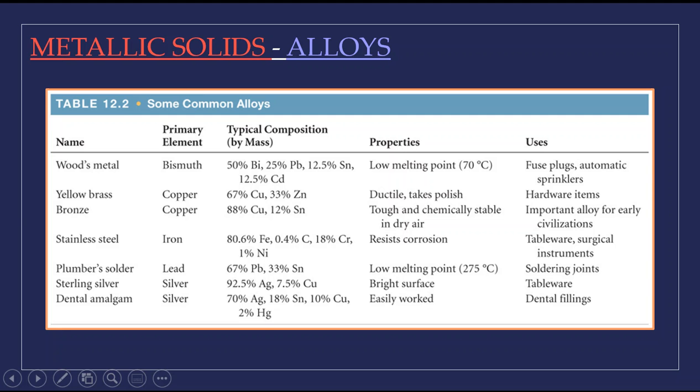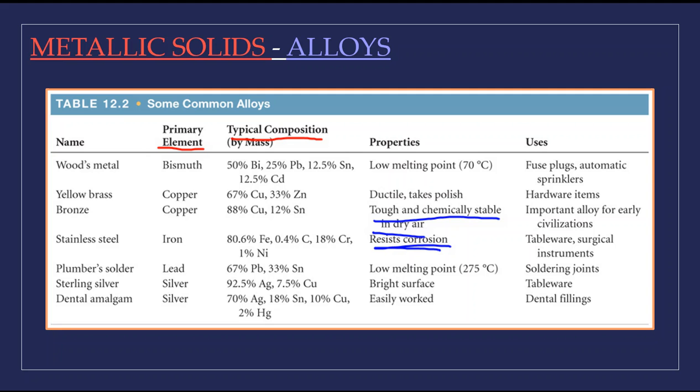Here is a table that shows you a couple different alloys, and you can see that they have their main primary metal, and then addition of some other things to it. As you can see, the bronze here is tough, chemically stable in dry air, so that would be something you would want to be able to resist corrosion.